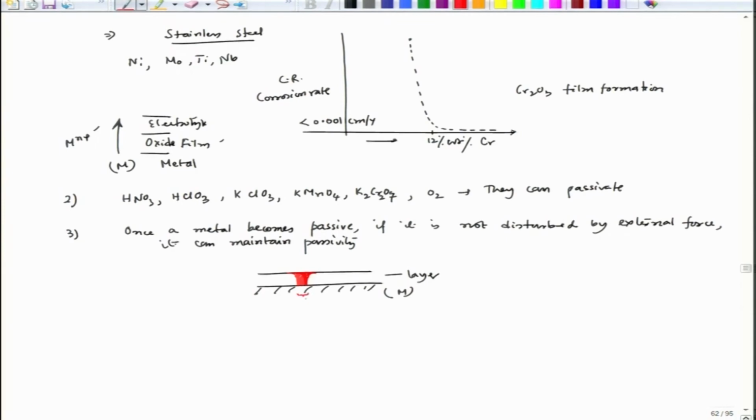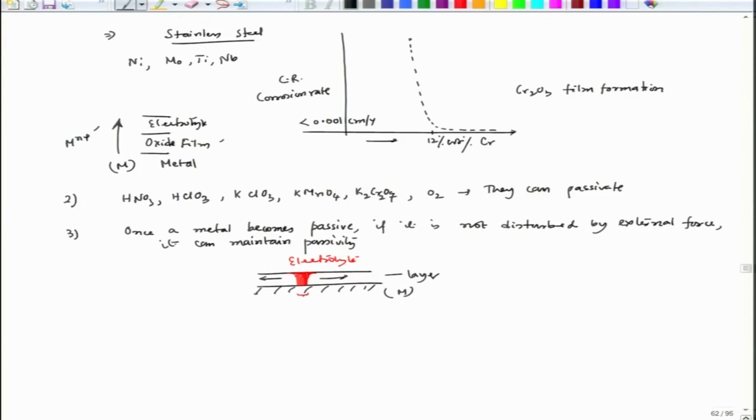This metal's portion is exposed to the electrolyte, and that can happen due to the addition of halides, chlorides or bromides, those ions. And now, all around, these segments are covered by the oxide film, and this small segment is exposed to the electrolyte.